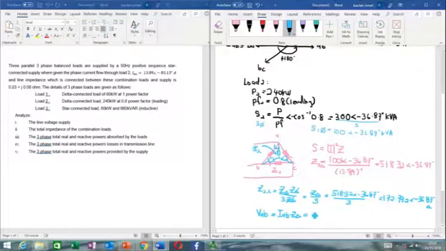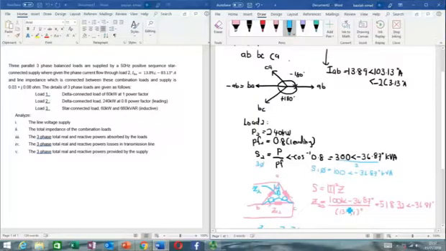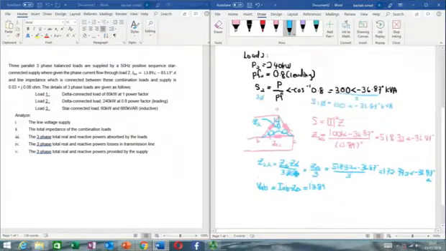So IAB is 13.89 angle 103.13, multiplied with Z delta, 518.32 angle 36.87.